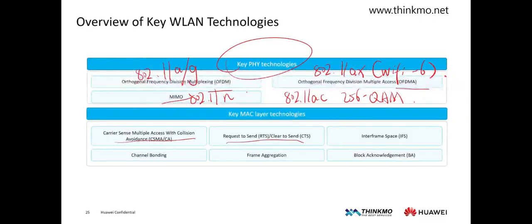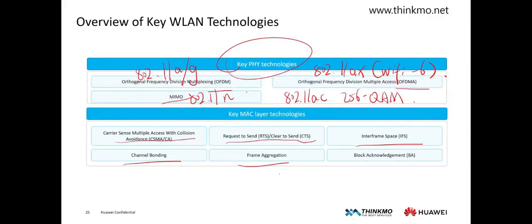The second is RTS/CTS, which stands for request to send, clear to send. Next, there is something called interframe spacing, channel bonding, and frame aggregation technology.